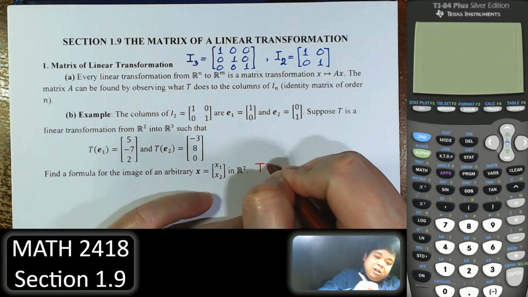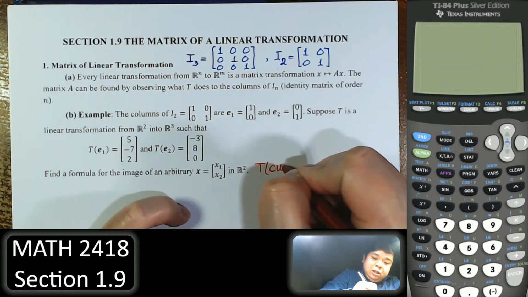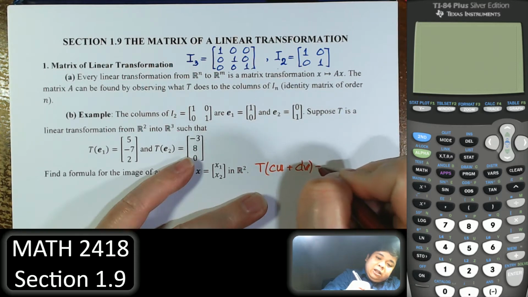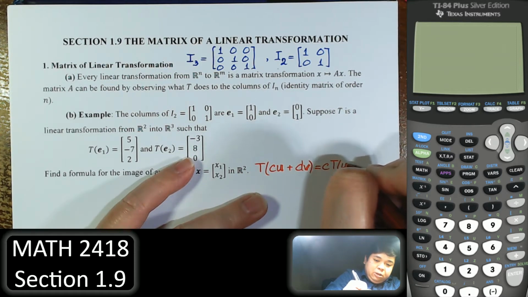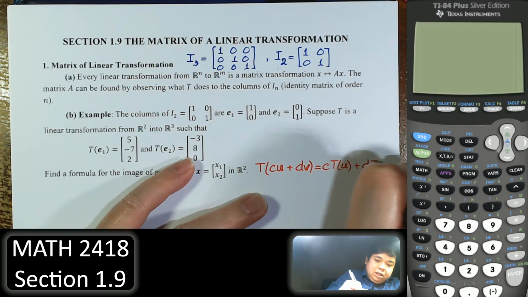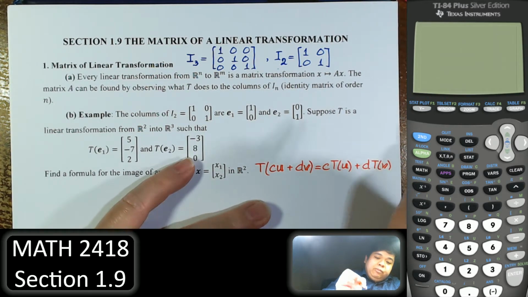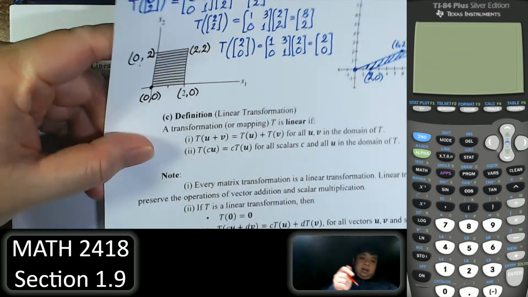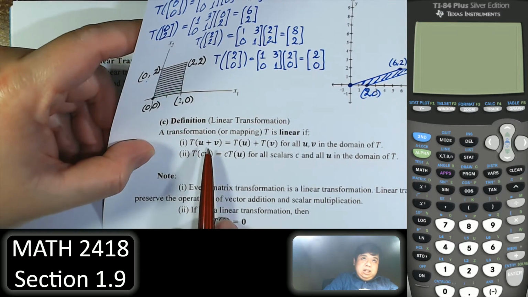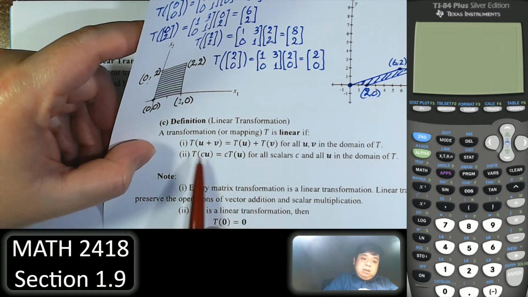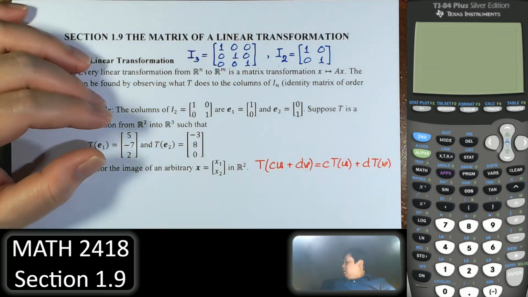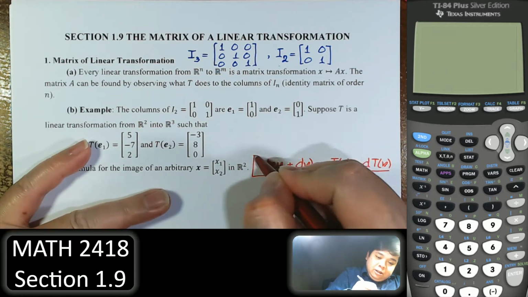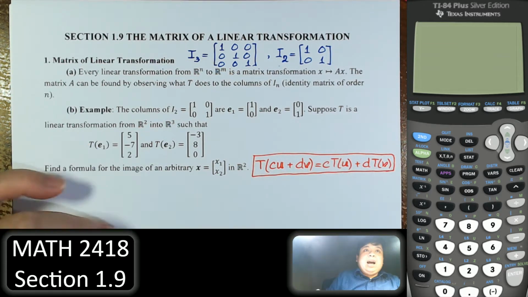T of cu plus dv is equal to c times T of u plus d times T of v. That is the combination of the properties in the linear transformation. So we can split the sum and take the constant outside. We're going to use those properties.